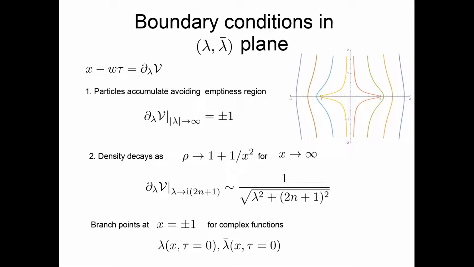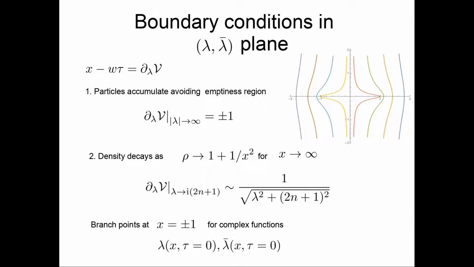In terms of our equations, when you say x equals the right-hand side, the right-hand side should go to plus or minus 1, the values of the ends of the interval, when lambda, the density, goes to infinity. So this is one condition.